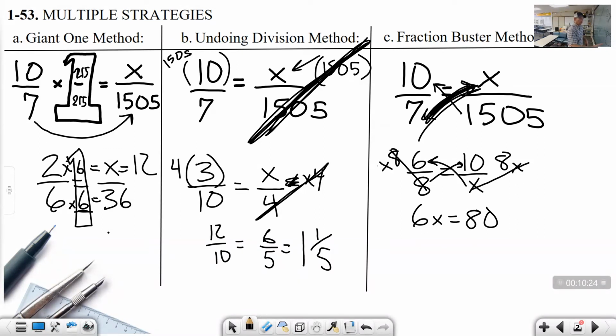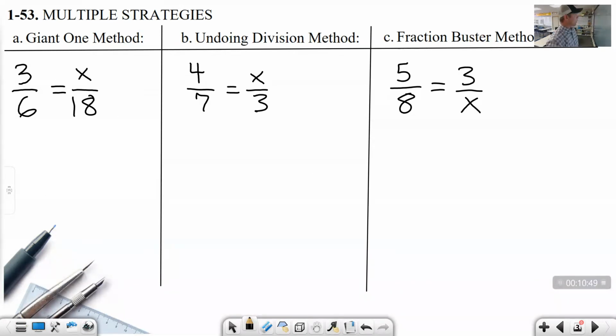It's just math. So let's go ahead and divide by 6. Divide by 6. 80 divided by 6 equals 13.3 bar. Okay? You can always feel free to use a calculator, but your calculator is only as fast as you are.